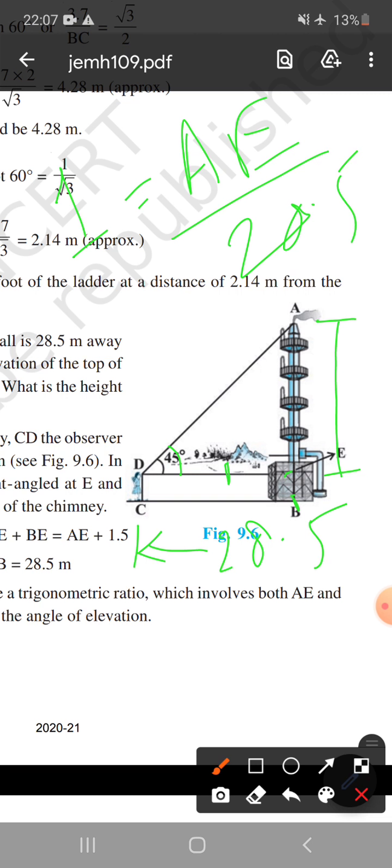So the height of the top point of the tower will be 28.5 meters high from the eye of the observer. That is this distance.